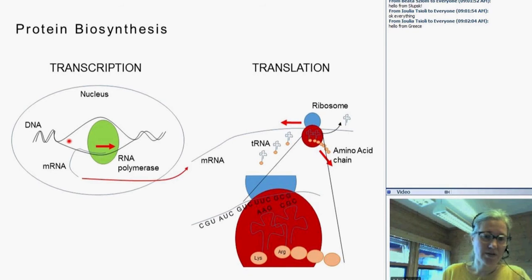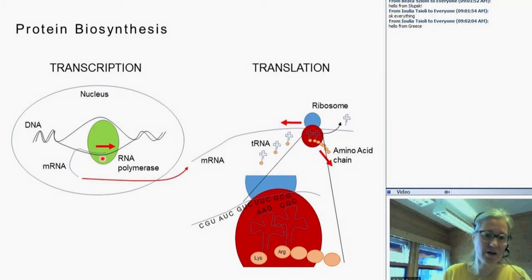And we have this RNA polymerase that is similar to the DNA polymerase. So it's an enzyme that unzips the DNA at a certain part that it wants to read and then travels along the DNA and builds up a piece of RNA, a string of letters, basically, the messenger RNA.